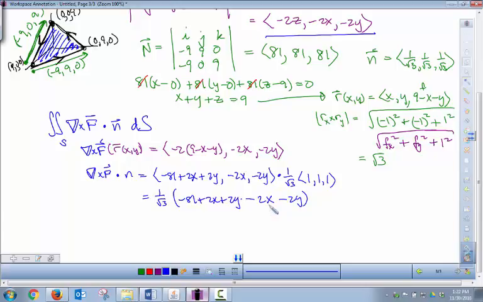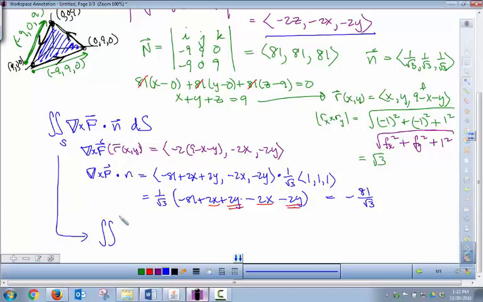Wow, that simplifies things. So I just have negative 81 left, right? So that's my integrand. My dS is going to be root 3 times dA.